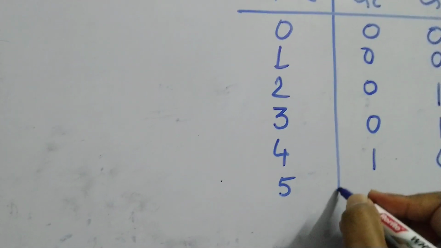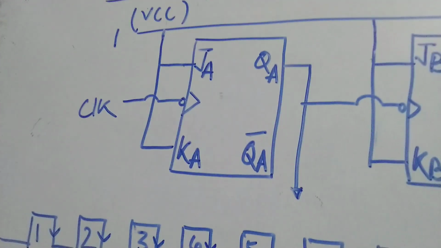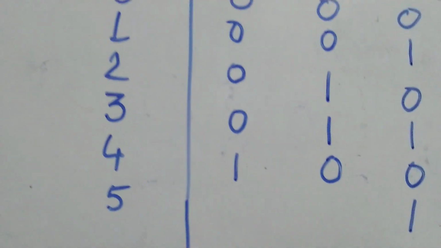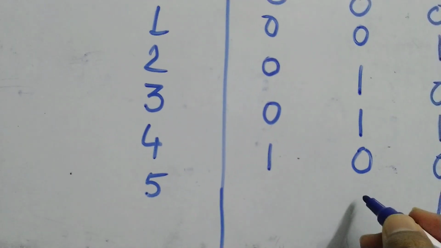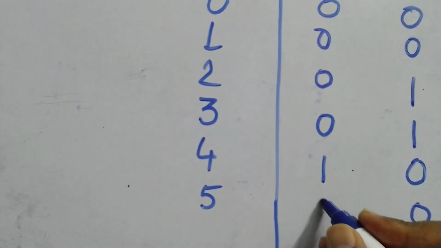State 5. Once again applying the clock pulse to the first flip-flop, it toggles to 1. When it is 1, the second flip-flop remains the same, and the third flip-flop also remains the same.